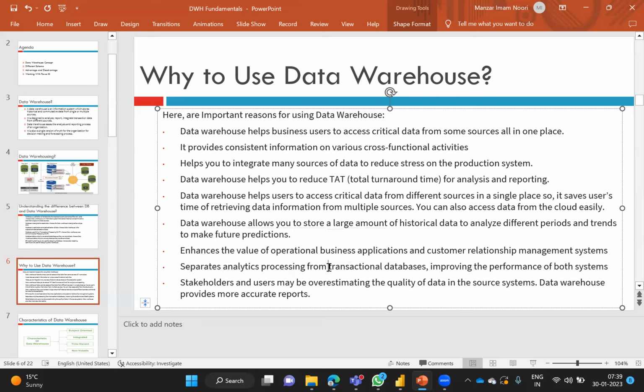They don't have to work on the transactional databases, which are being used for business daily, right? So these are separate systems, and that's how it will improve the performance of both the systems. So you are not burdening the different systems, right?